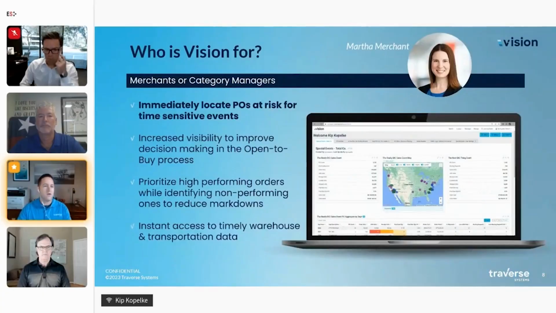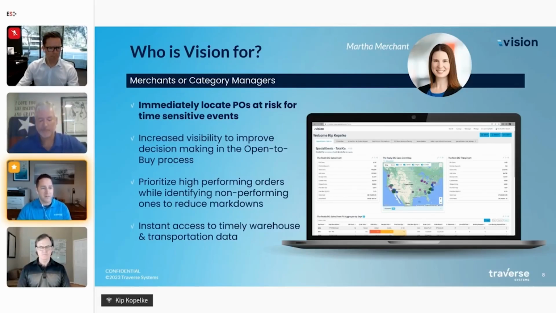Somebody like a Martha has the ability to immediately locate POs at risk. Open to buy is a huge thing for the merchants, right? On a monthly basis, especially on a quarterly and going into a yearly basis if they're reporting to Wall Street. It's really important to make sure that things are coming in the appropriate time frame to manage that open to buy process. Then high performing orders.